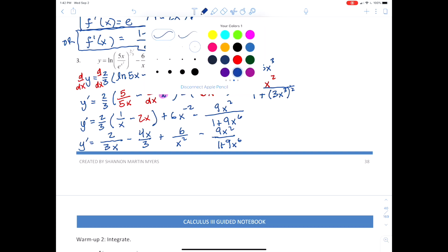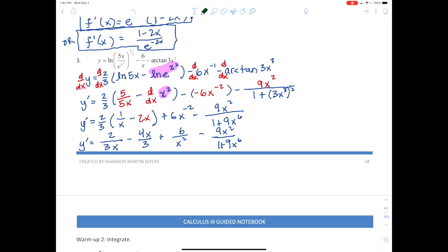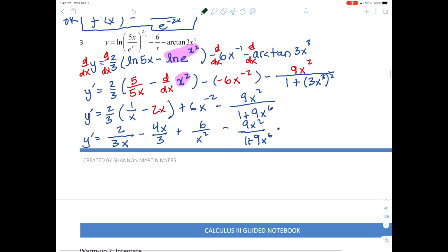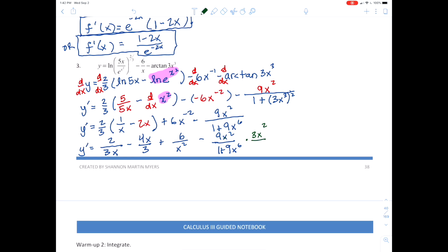And if we want to just get a common denominator, what do we need? This last term will need a 3x squared over 3x squared. And then the second to last, I'm going backwards, my bad, we're going to need a 3 times 1 plus 9x to the 6.